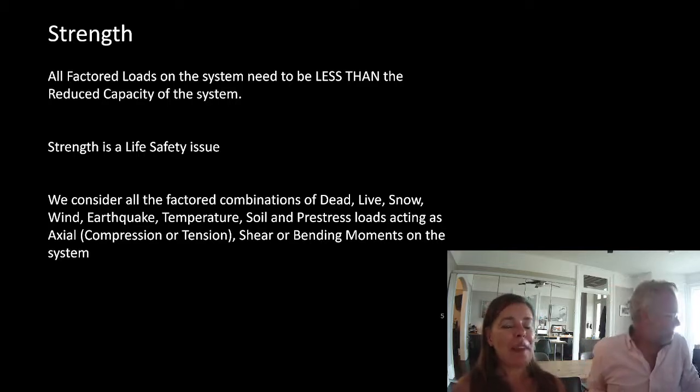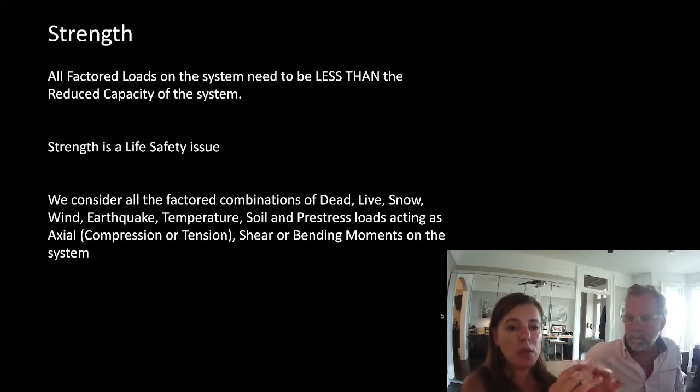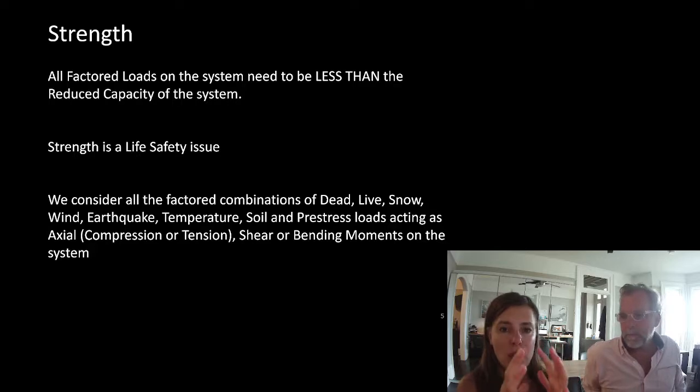So strength. All of the factored loads that we put on a system need to be less than the reduced capacity of the system. So basically, we say if we load it up, it needs to be strong enough to resist all of those loads. But just to make sure we're being extra careful, we'll say here are all the loads and we'll increase them a bit. And we'll say here's the material and it's got a capacity.